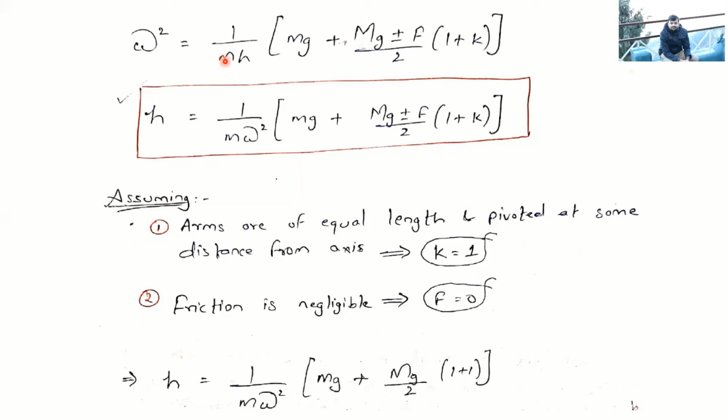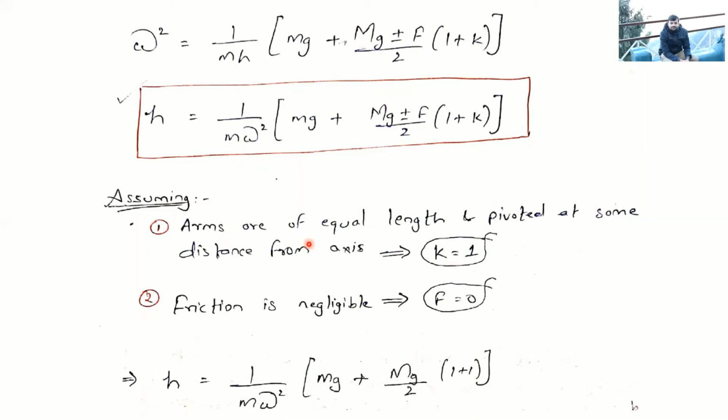This is small m, mass of fly ball. So m h, and within the bracket, that entire thing from the previous equation. If you want to determine this value of speed, then you can use this equation. And if you want to determine the value of h, then h and omega can be cross multiplied, and you can use this equation. So ultimately, this is the equation which we are using.